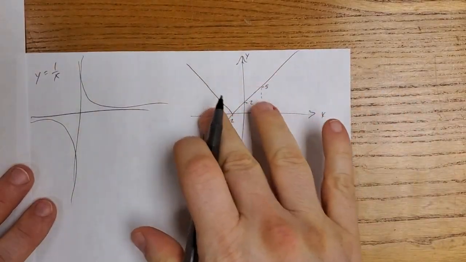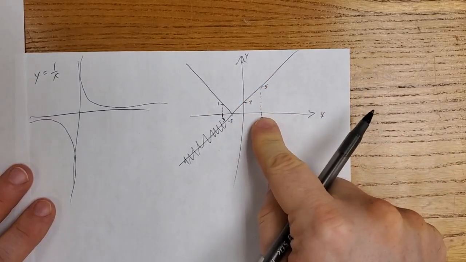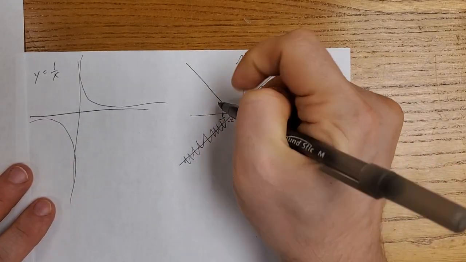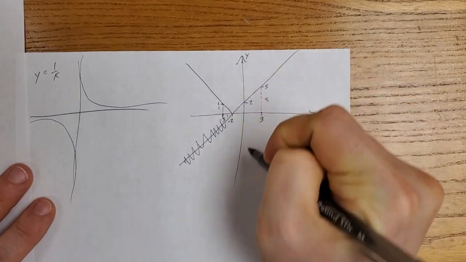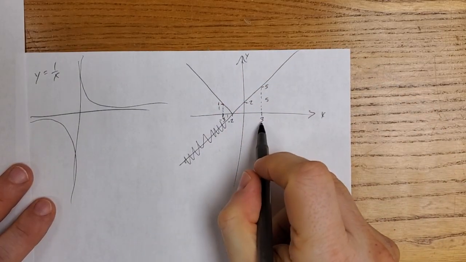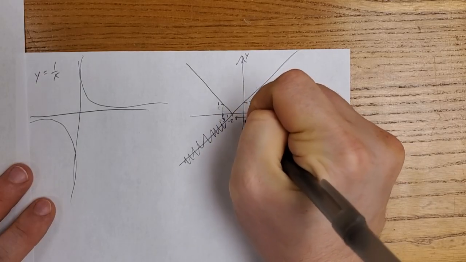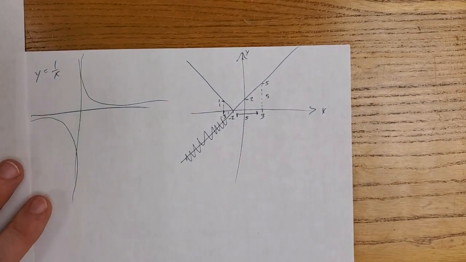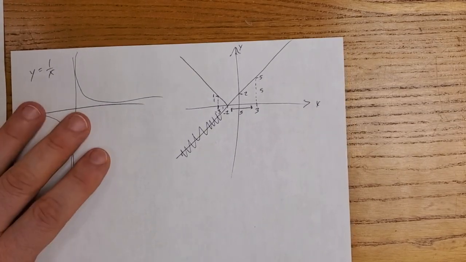And they're obviously right triangles, because this distance is 1, that distance is 1, that's 5, and from negative 2 to 3 is 5. So this just actually reduces to a couple of triangles.